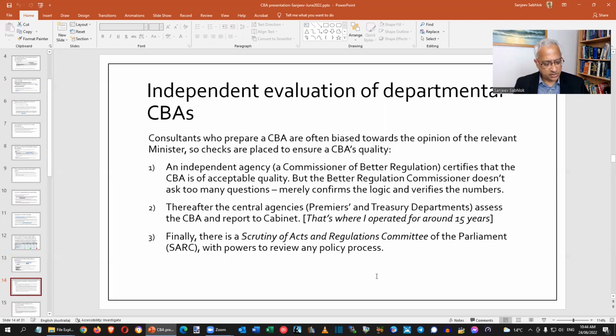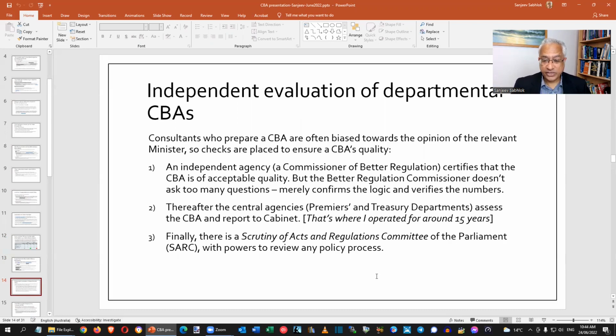In this case, please note, and this is my big concern, the Better Regulation Commissioner in Victoria doesn't really ask many questions about the nature of the problem and the evidence or the assumptions. They basically just confirm that you've got the logic right and you've put your numbers and your assumptions in writing. They do not actually question that, which is a big gap. They should actually question the assumptions.